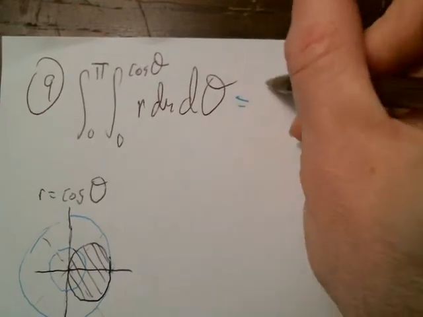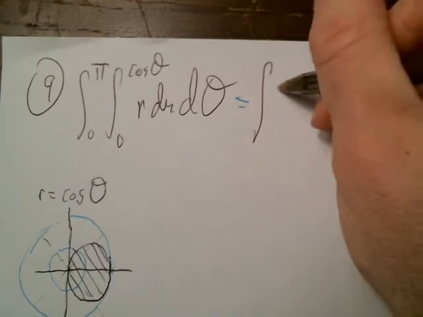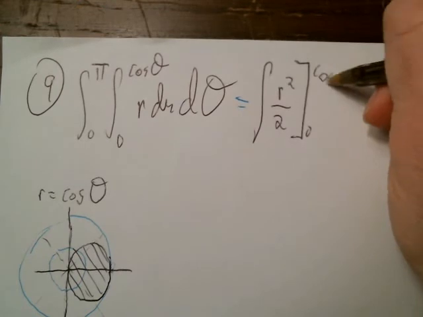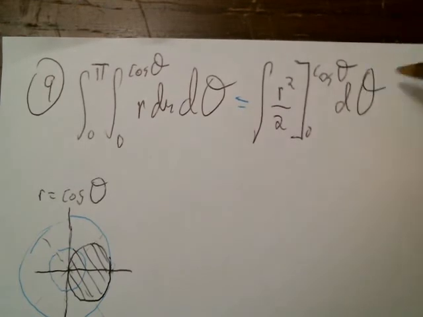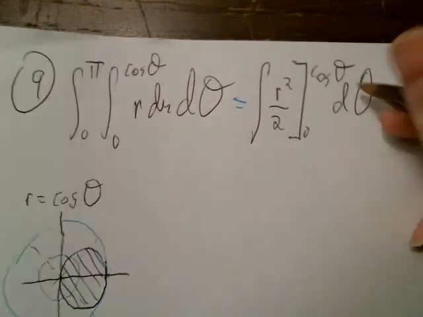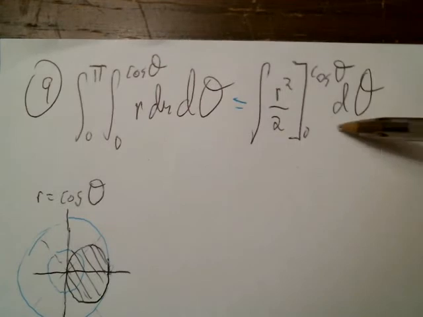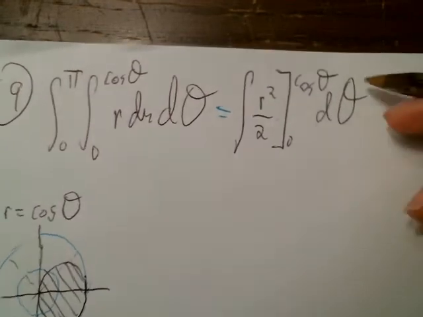I have r squared over 2 from 0 to cosine theta, d theta. Evaluate this thing: put in cosine theta for r, and then minus put in 0, so it'll just be cosine squared over 2.